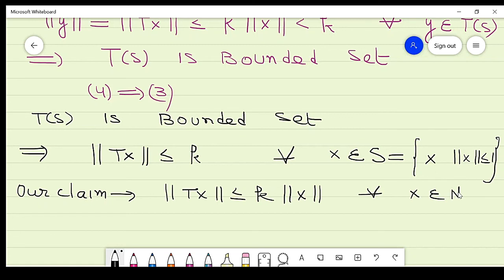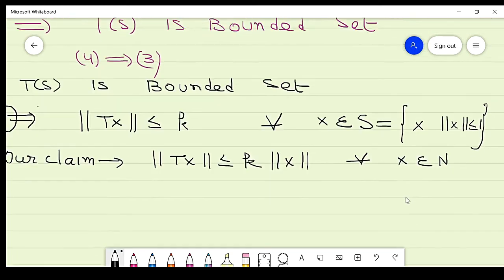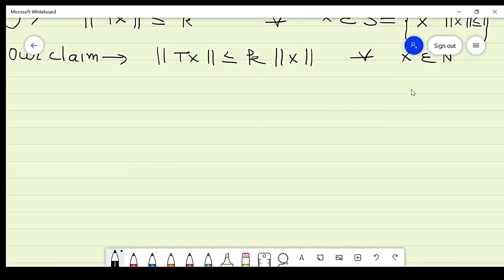Now I will use this result, so remember this result. If x is 0, then this result is trivial, because T of 0 is 0, and it satisfies the condition of equality.